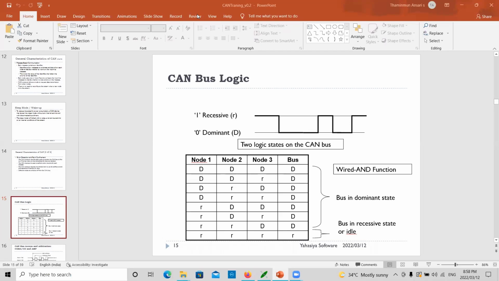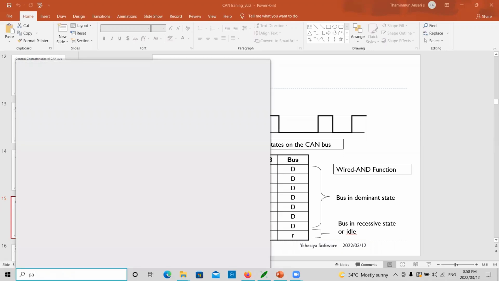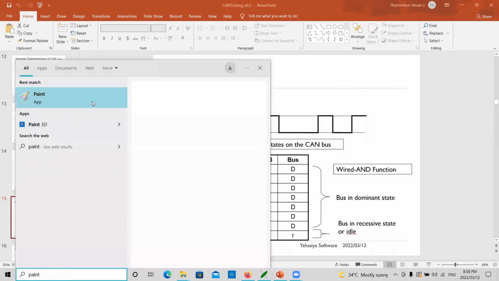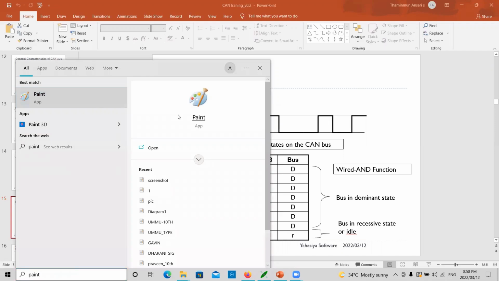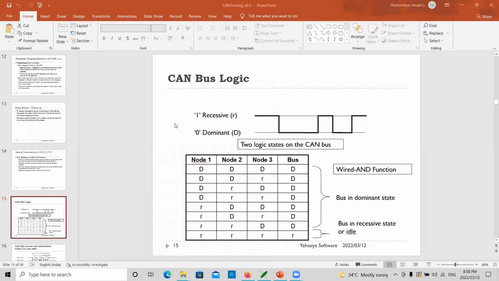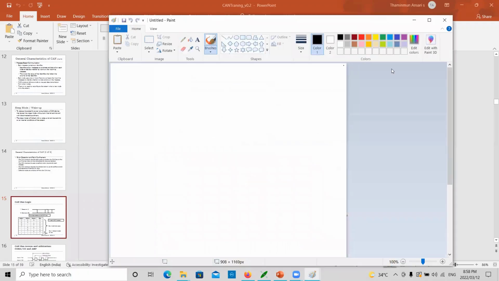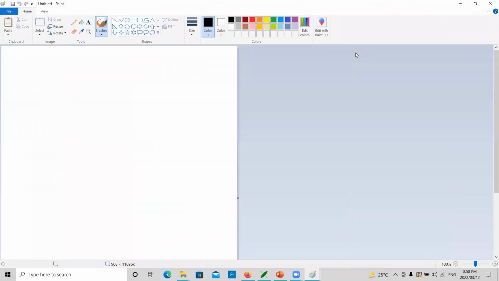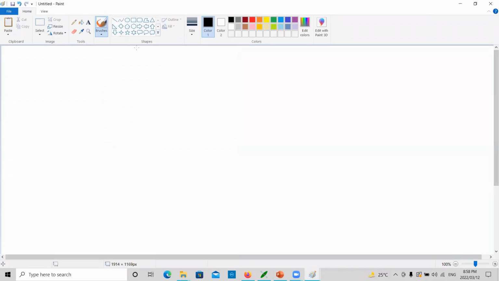Let me explain with one example so that you will understand. I believe yesterday I drew a diagram. Let me redraw it again. See, this is my first node.